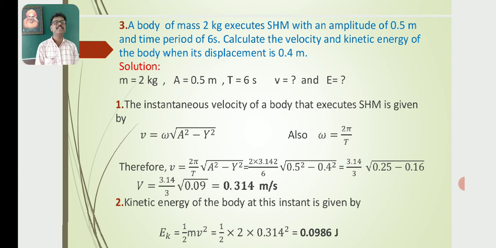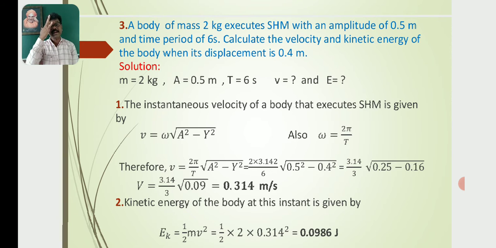So then we will get 3.14 by 3 root of 0.25 minus 0.16. Again v is equal to 3.14 by 3 root of 0.09, which is equal to 0.314 meter per second.